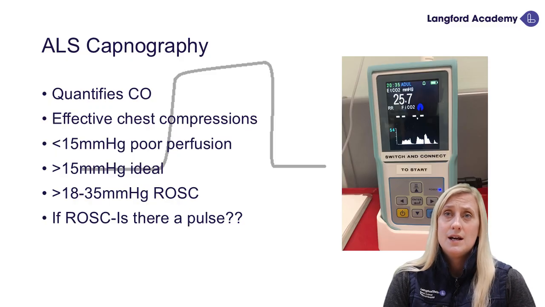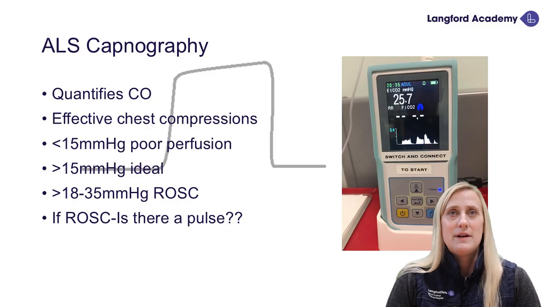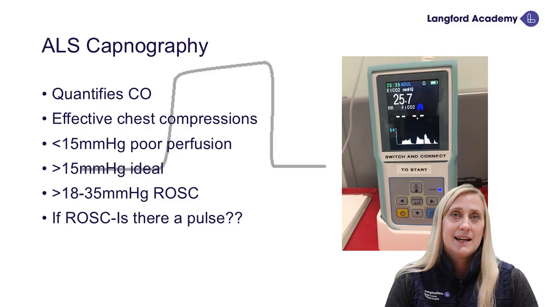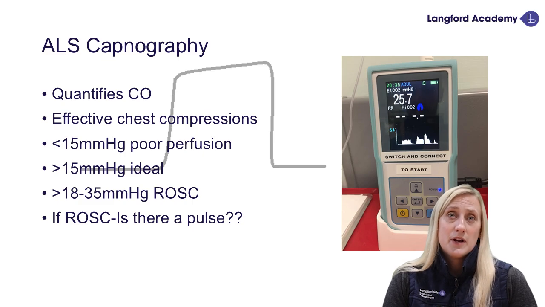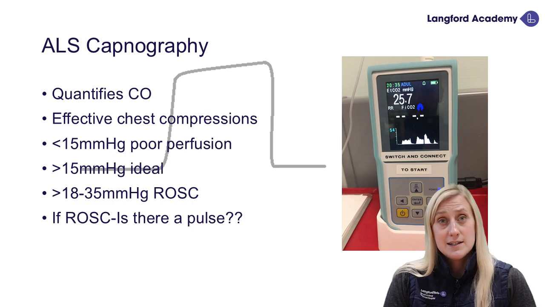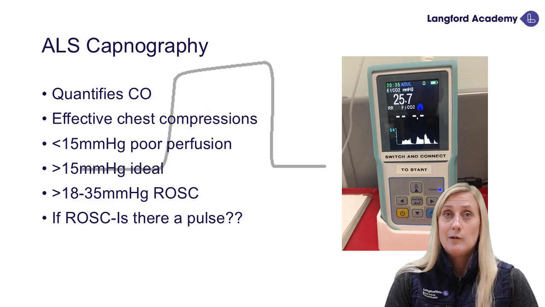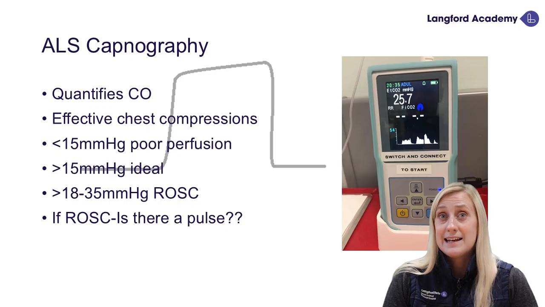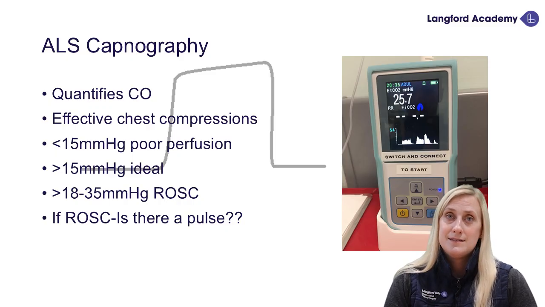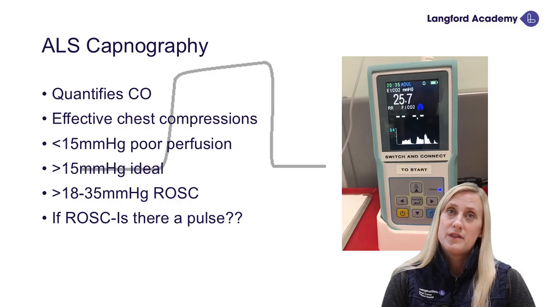I tend to look at the end tidal as I'm doing my chest compressions sometimes to help me gauge. I put on here 15 millimeters of mercury, but the RECOVER guidelines and the new guideline states 18. So ideally 18. But depending on what's going on with your patient, if they've got cardiac disease and things like that, it could be 15 millimeters of mercury.